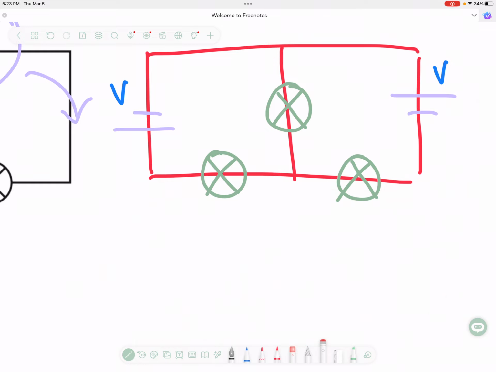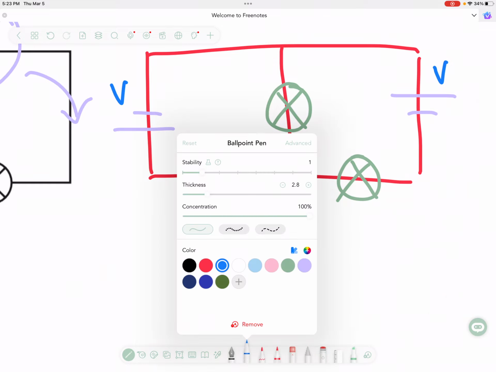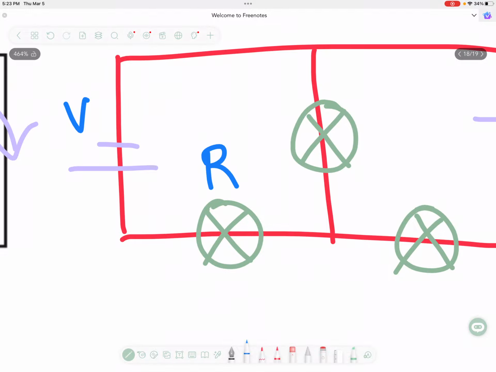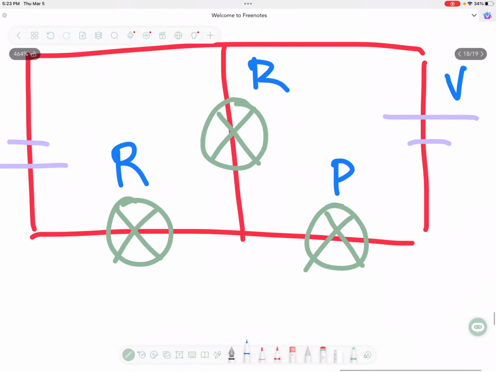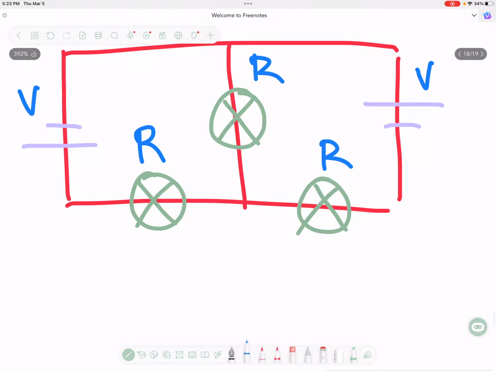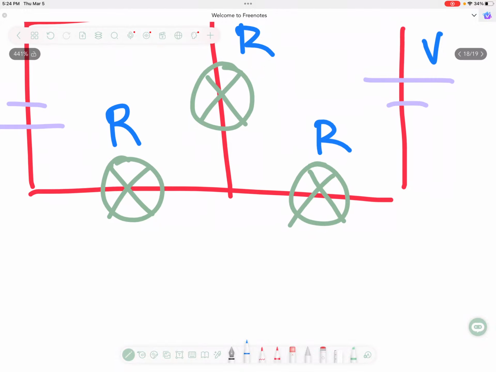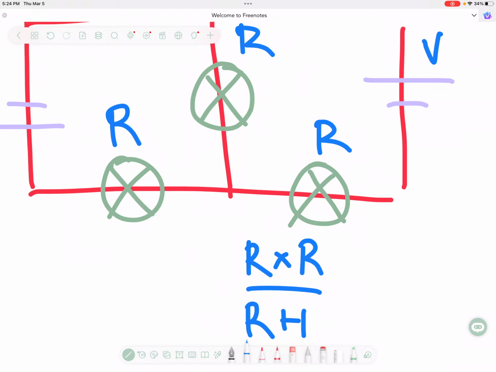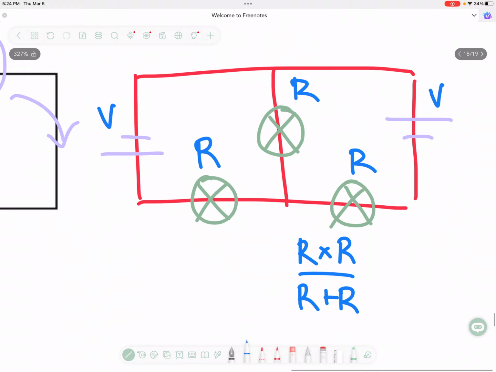so we're going to use R and R, and you guys know how to calculate the resistance in a parallel circuit. So R into R by R plus R. This is what I'm doing for here, right?